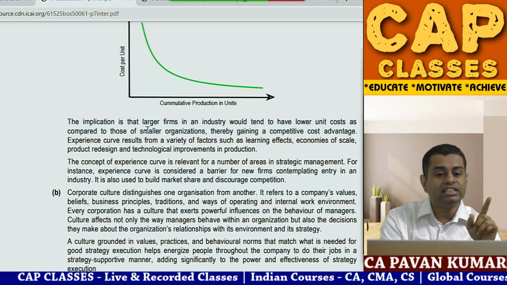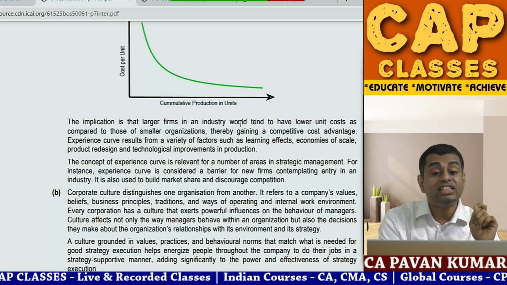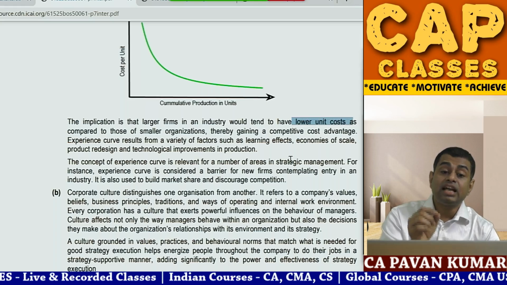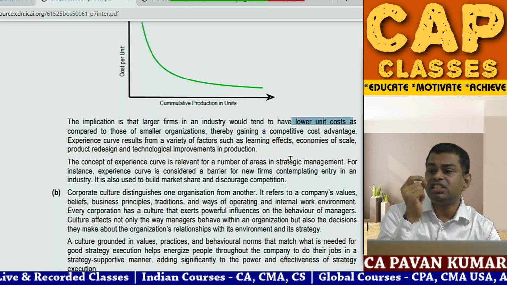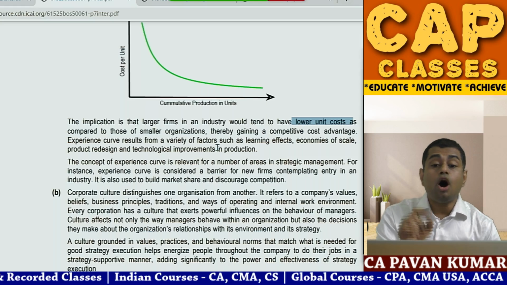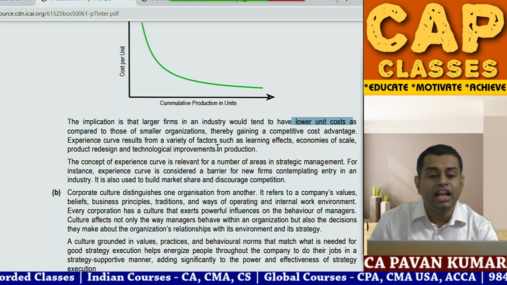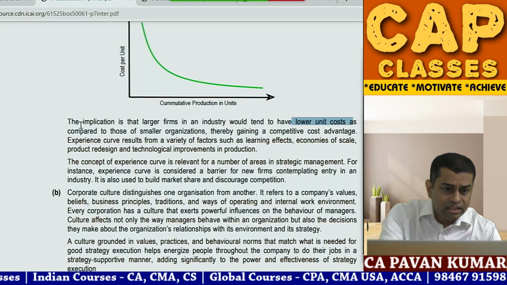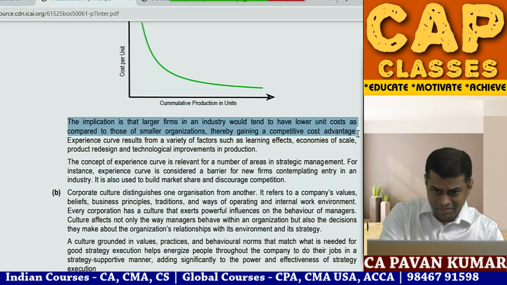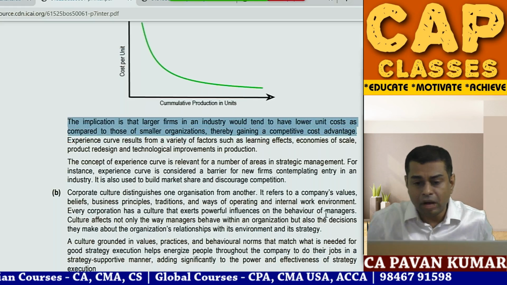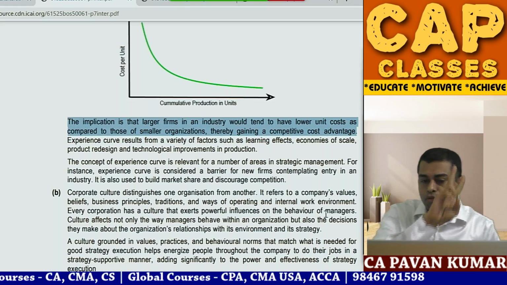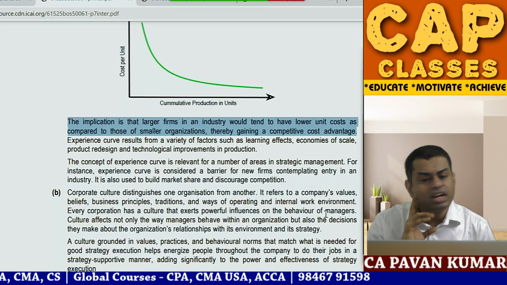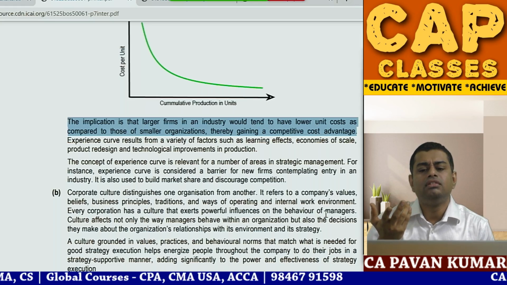The implication is that larger firms in an industry would tend to have lower unit cost as compared to smaller organizations, thereby they get a competitive cost advantage. This is what you need to write. If you write this sentence, if I am the person evaluating your paper, I'll give 2 marks. For this single sentence, I'll give 2 marks. Student is asking, sir, for 6 marks, only this much is required. Enough.